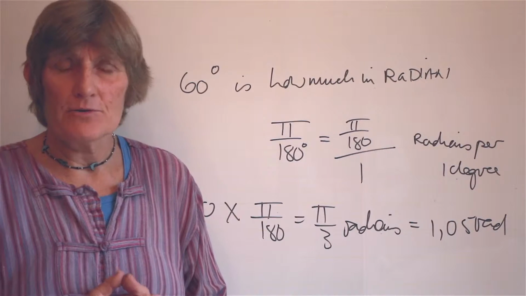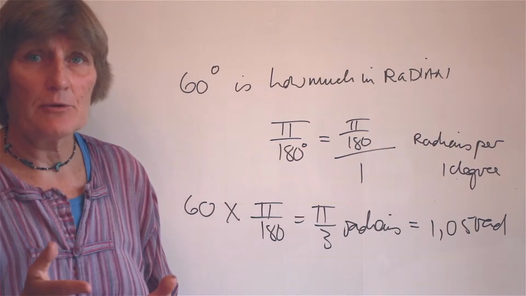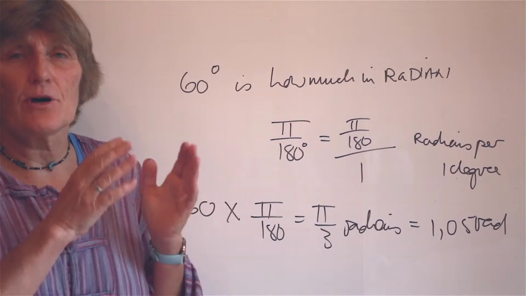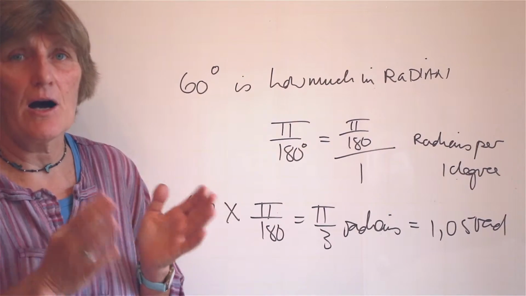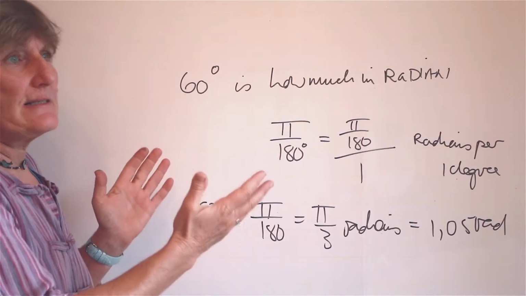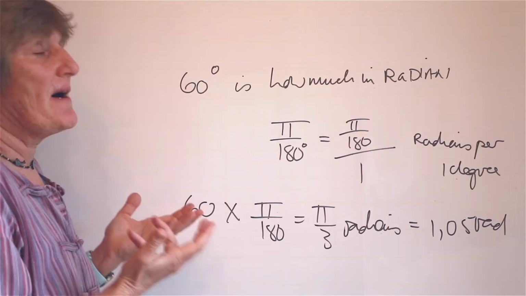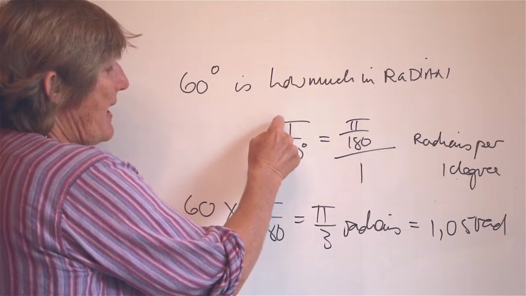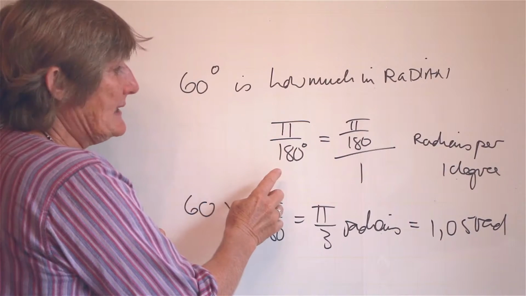One of the most important things that you must be able to do is to go from degrees to radians and to go from radians to degrees. Now, how do we do that? Say I tell you the angle is 60 degrees. How are you going to know how much is that in radians? We know that pi radians is equivalent to 180 degrees.